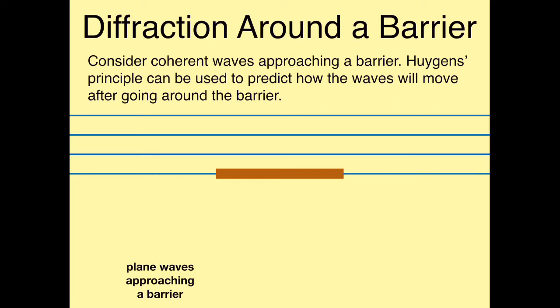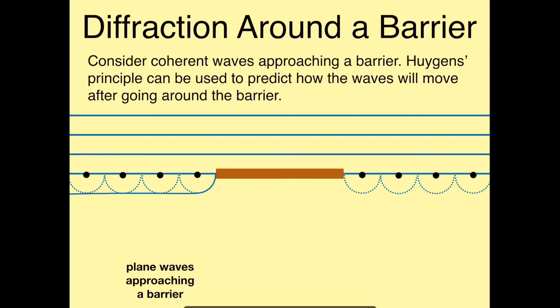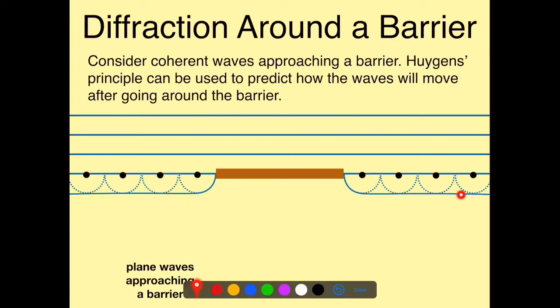So at each point along the last wavefront that I drew, we can draw spherical wavelets, again, one at each point, and the tangent to those spherical wavelets will be our next wavefront. So we have one here on this side, and then another one here on this side. And notice something that's happening. These wavefronts are starting to bend around the barrier.